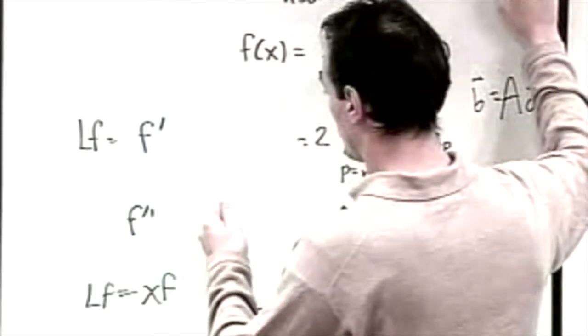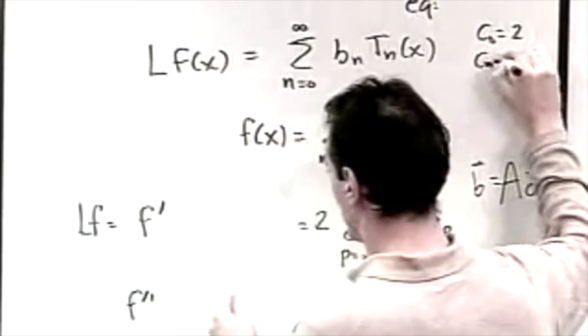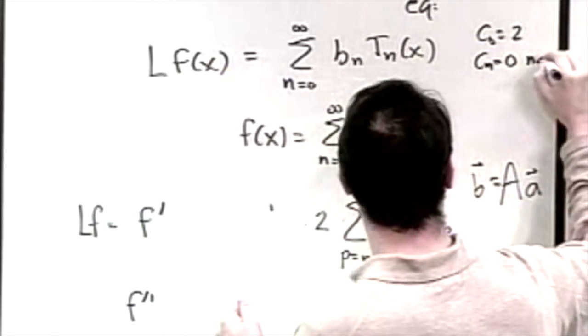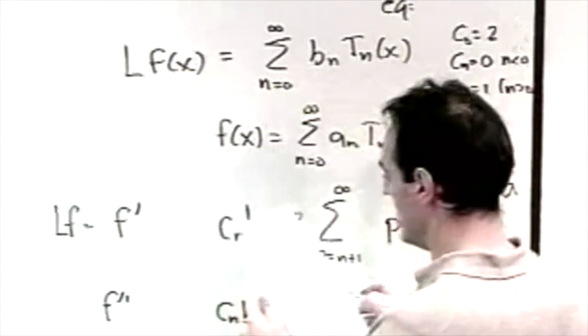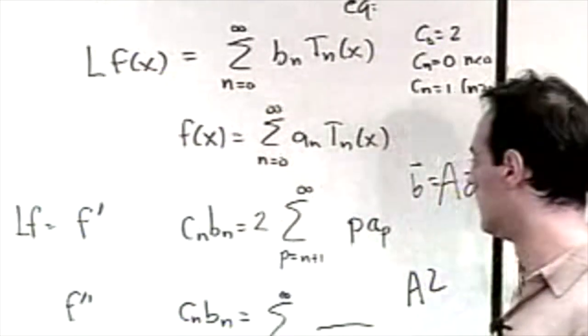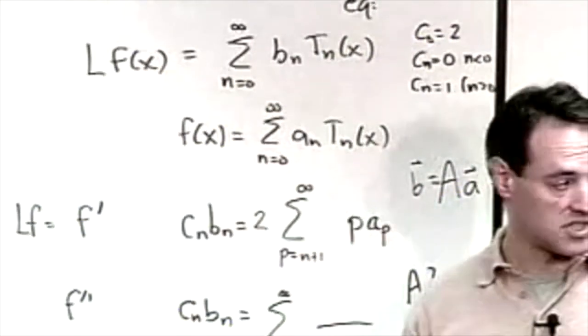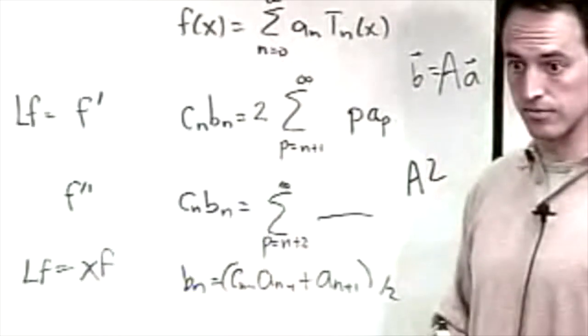And by the way, here c naught is 2, and c of n is 0 for n less than 0, and c of n is 1 for n greater than 0. So for instance, here's some standard properties associated with these.